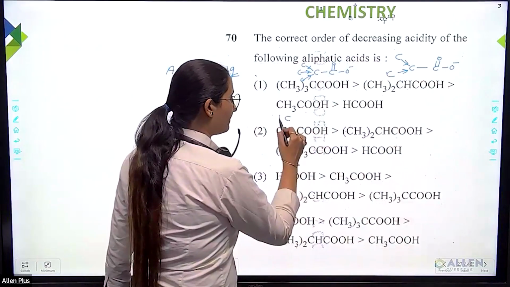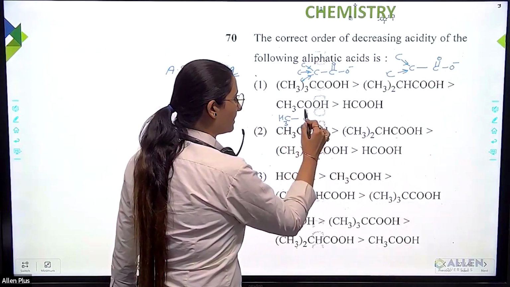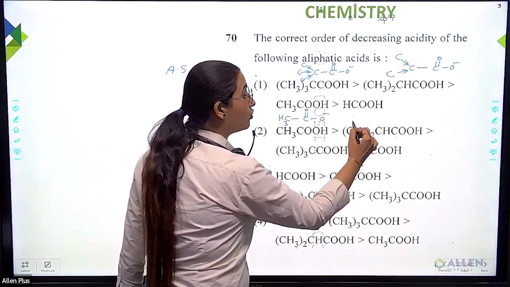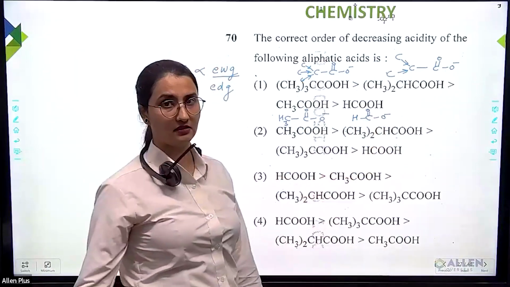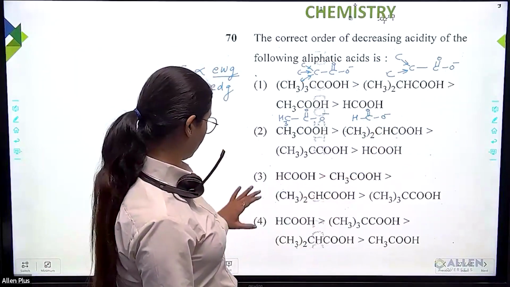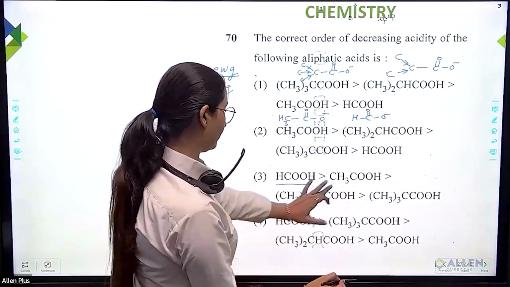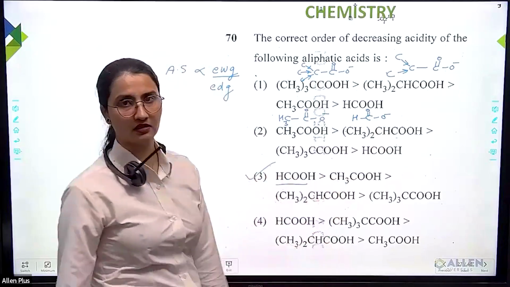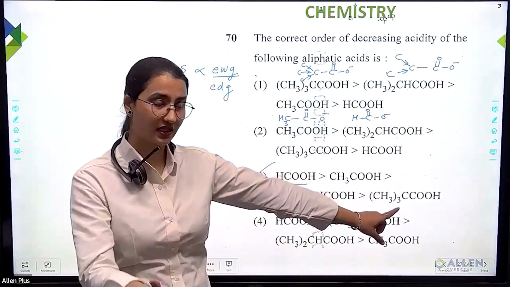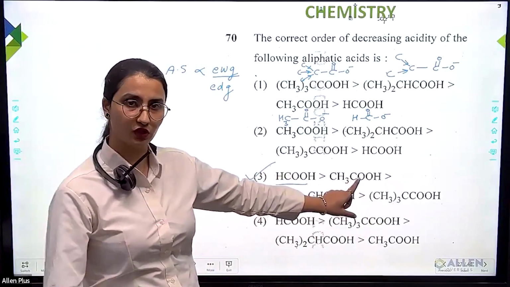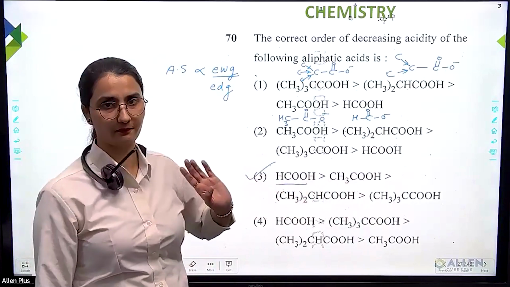Here there is only 1 plus I because of CH3. Here there is no plus I. So the most acidic should be, students, formic acid, methanoic acid. This, then this, option 3. Right? Because here 3 methyl groups, more plus I, more donating. Here 2. Here no extra methyl group. Here none.